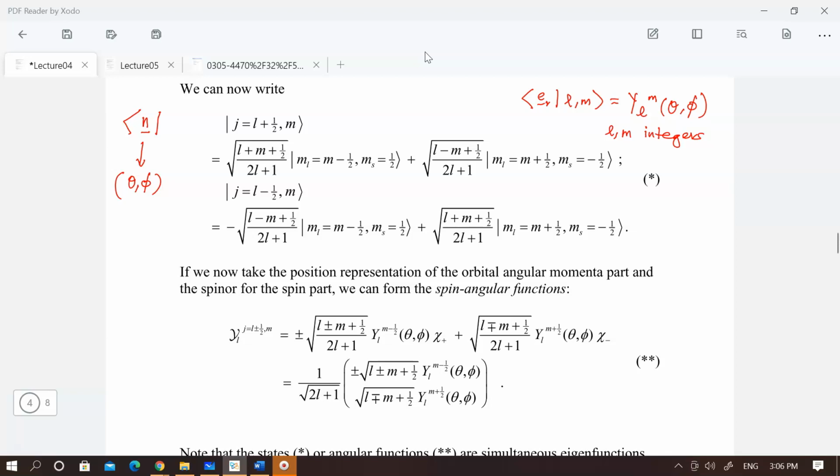But what you find over here is that you're going to get this addition of a spin half. Here is minus half, here is plus a half.